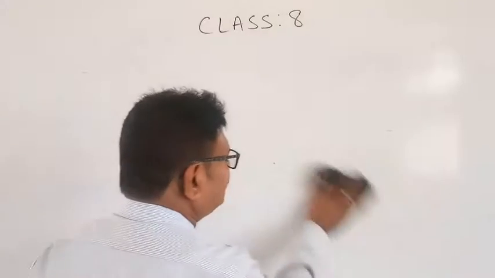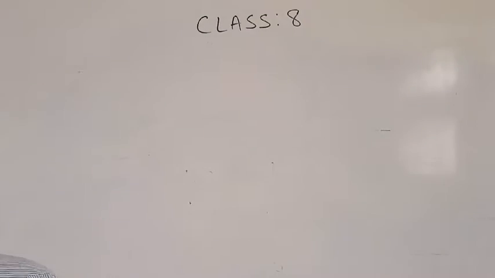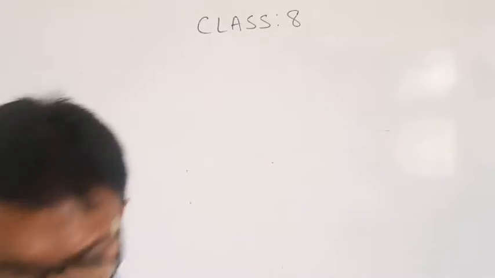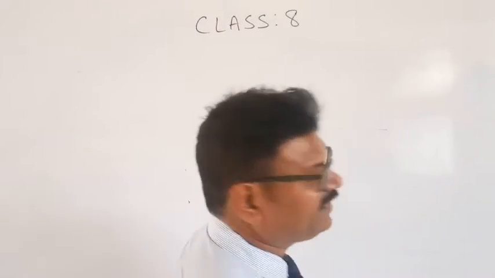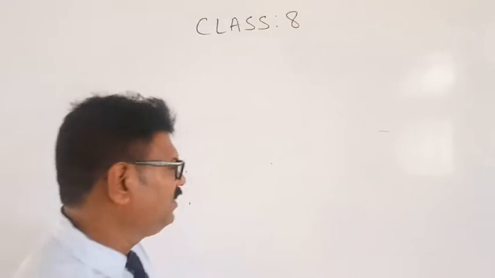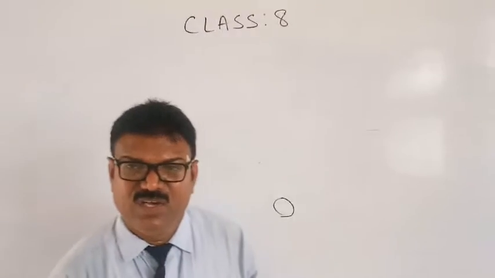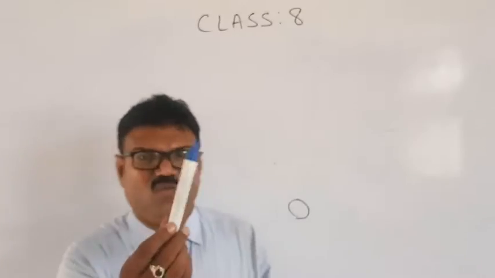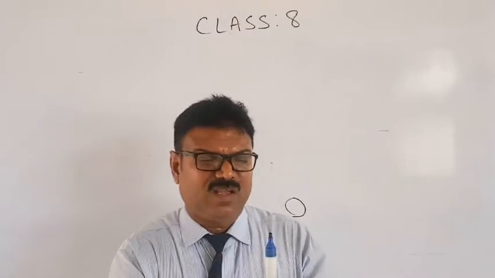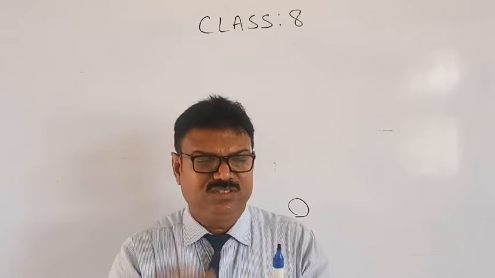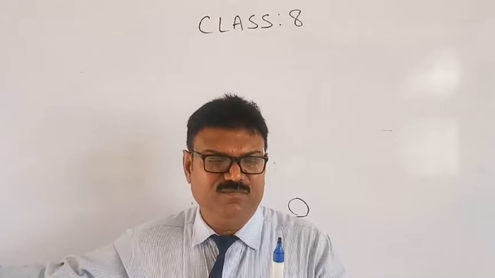Yes. Third question. The rational number that is equal to its negative. Any number? Tell me. Yes. What is the answer? 0. With me, a pen is there. I am taking out 0 pens from this.